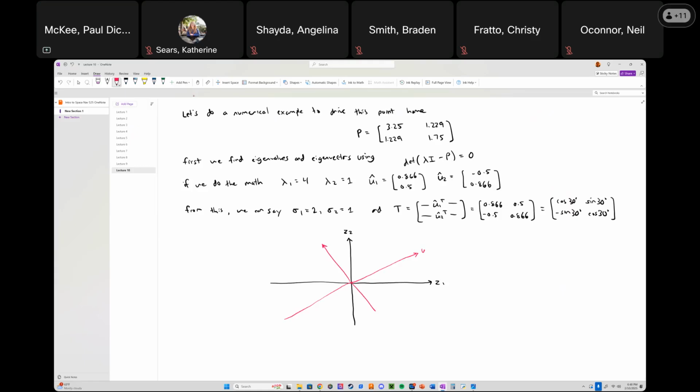Let's say this is U1 and this is U2. Then along U1 and U2, let's say this is 1, 2, 3, 4, 5, 6, 1, 2, 3, 4, 5, 6, 1, 2, 3, 4. Then as drawn, our 1 sigma covariance in the principal frame goes from 2 to 1.